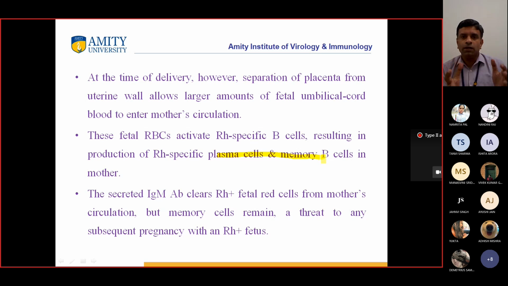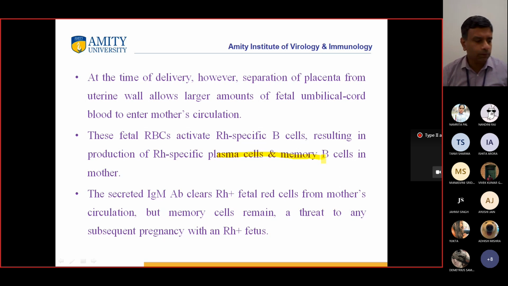So now what will happen? B cells activate, they become plasma cells and start secreting antibodies. They will go and bind to all the Rh positive RBC in the mother's circulation, and they will also generate memory B cells.